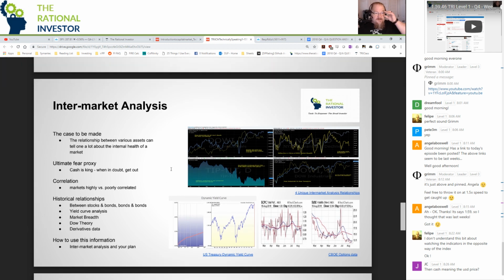So how I often use this within my plan, for instance, is on a very high level, like a macro level, and people talk about macro analysis. This is usually what they're talking about. I look at these large scale intermarket analysis relationships. I look at Dow theory to see where are we at in the fear greed cycle. I look at yield curve analysis to see where are we at in terms of strength of bonds and equities, right?